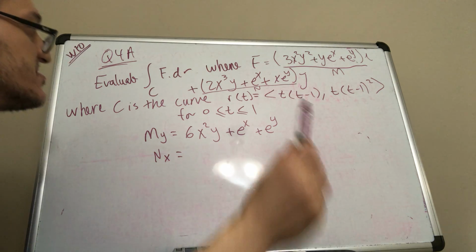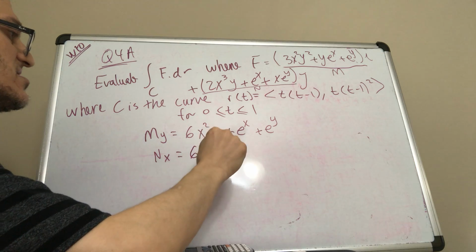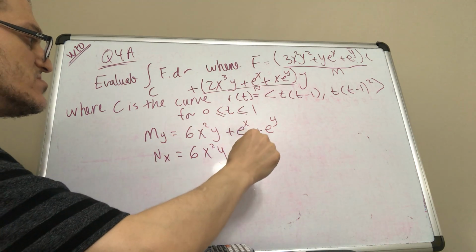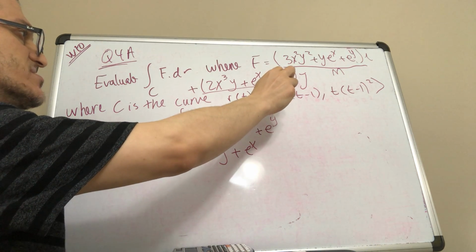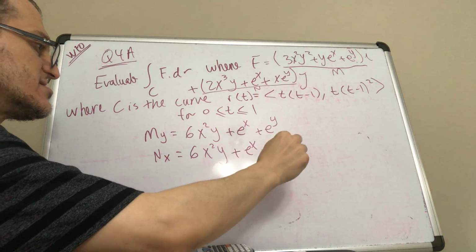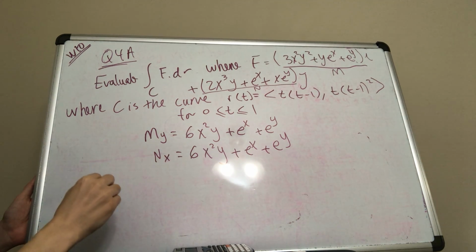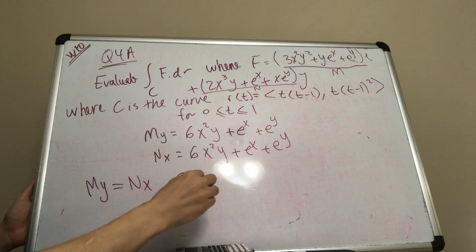The derivative of this with respect to x would be 6x squared y, and of the rest, with respect to x, a constant. So they're equal, then they're conservative.